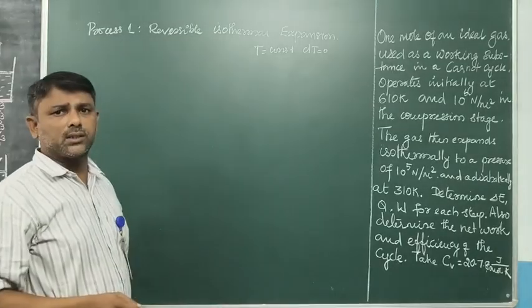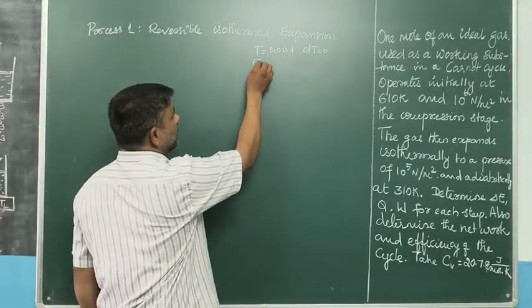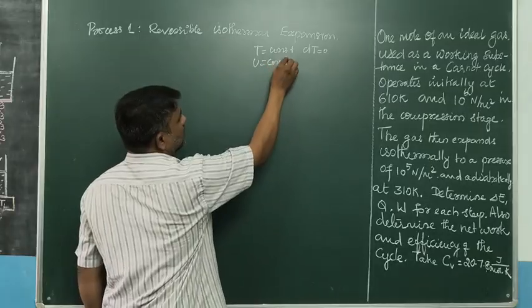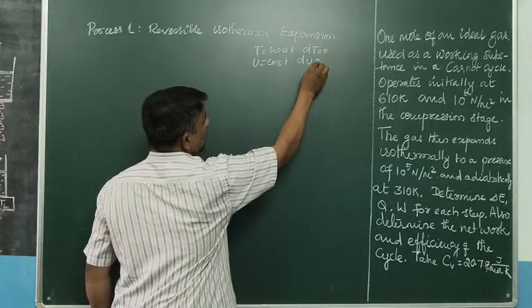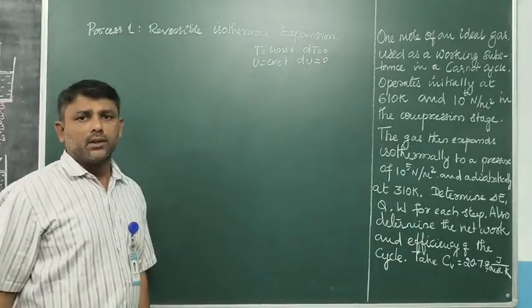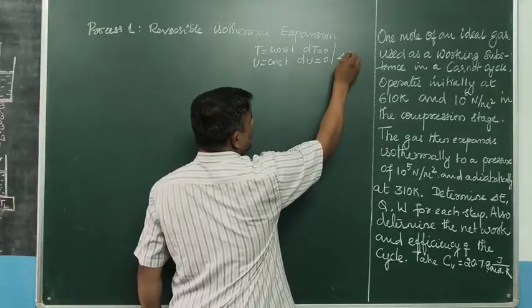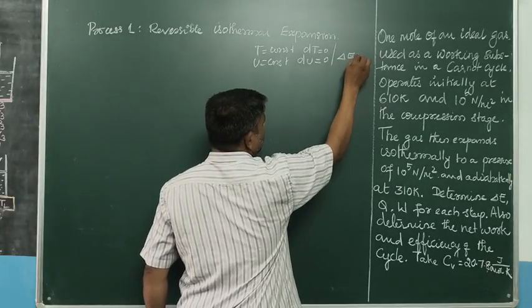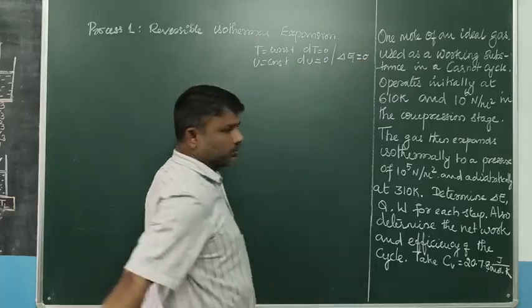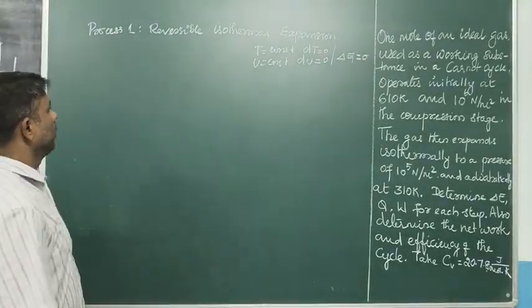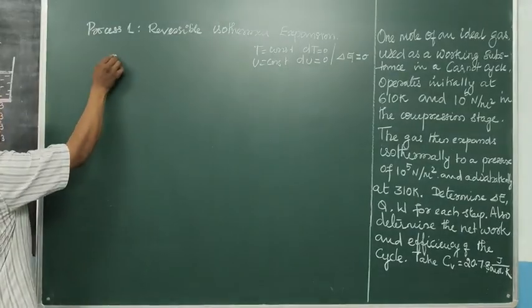When temperature is constant, internal energy of the system is constant, hence changes in internal energy is equal to 0. This information provides the finite change in energy of the system, then delta E1 is equal to 0. Clear? Okay. What is the first law of thermodynamics?